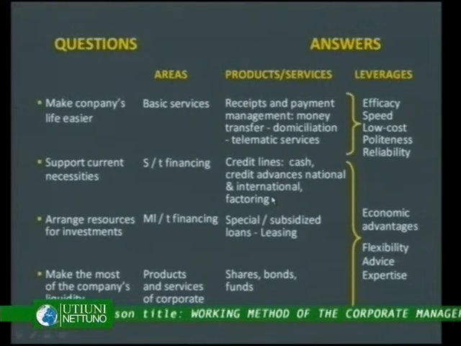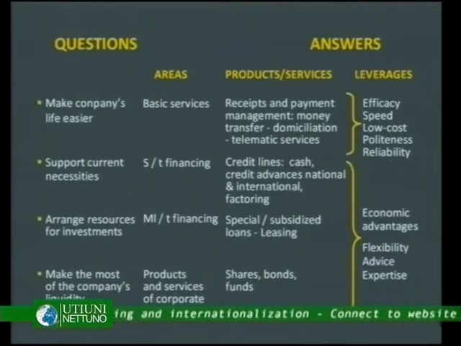I don't know if you are familiar with these products, but credit lines is what a bank normally provides to any enterprise. Credit lines are available for paying taxes, buying machinery, and also buying the raw materials which are necessary to the company.